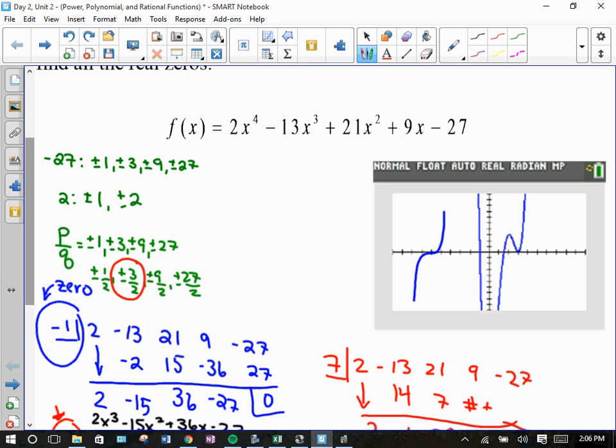If that was a zero, that zero would have a multiplicity of like 3. Make sense? So the multiplicity kind of describes what the shape of the graph looks like at the zeros.